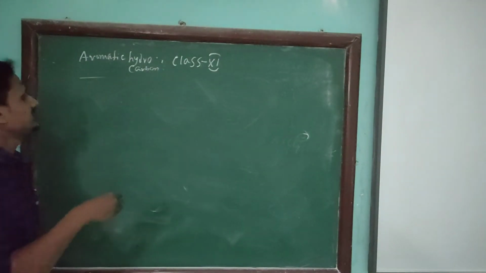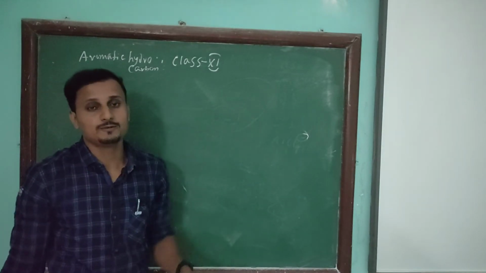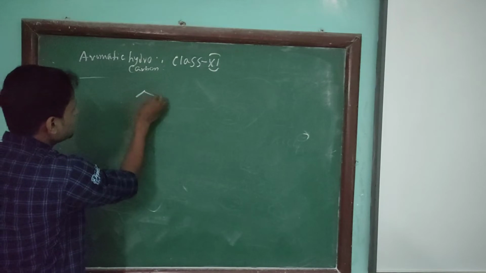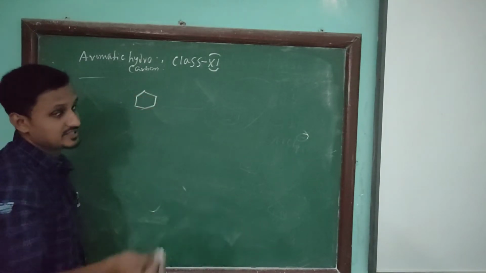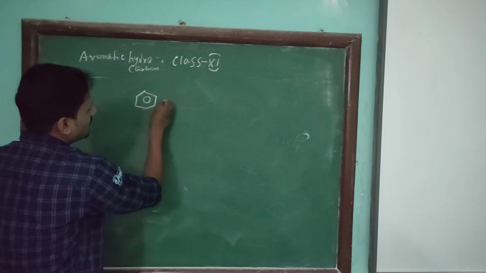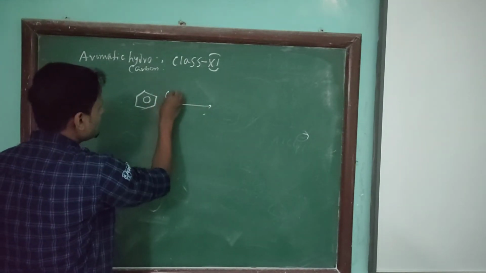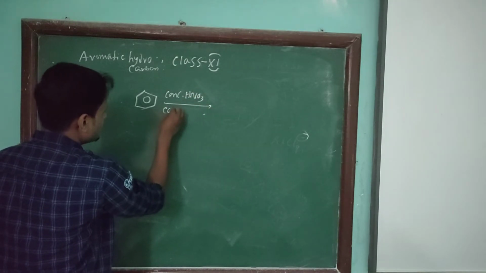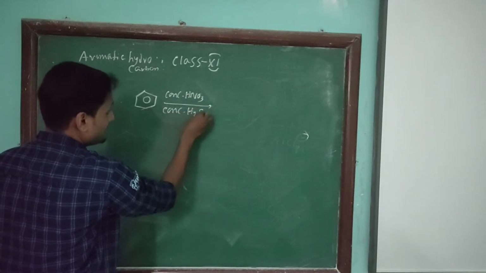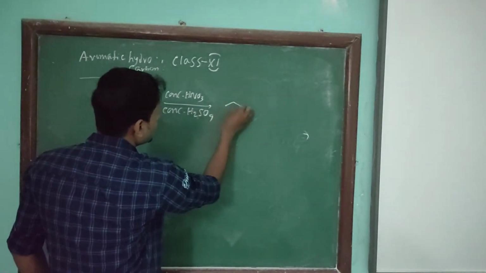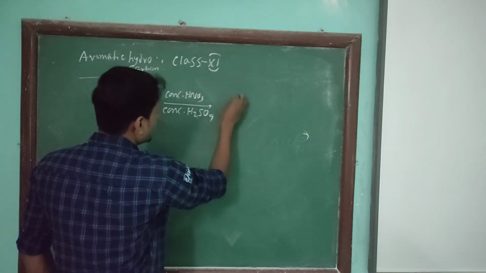Okay. Now we will discuss some of the reactions of benzene. One transformation we will discuss is very important. Benzene, when it reacts with concentrated nitric acid in the presence of concentrated sulfuric acid, that means mixed acid, at a certain temperature forms nitrobenzene.